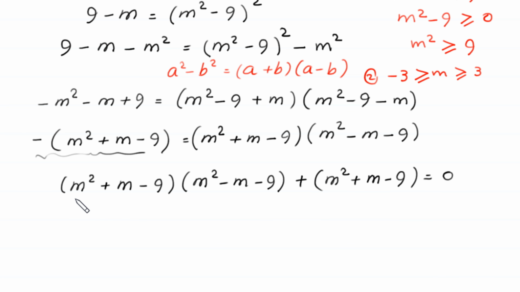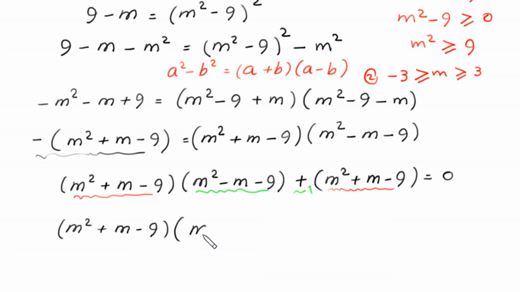Now this expression m squared plus m minus 9 and this expression m squared plus m minus 9 is common. So we factor out this m squared plus m minus 9, and in bracket left this m squared minus m minus 9 plus 1 from here.